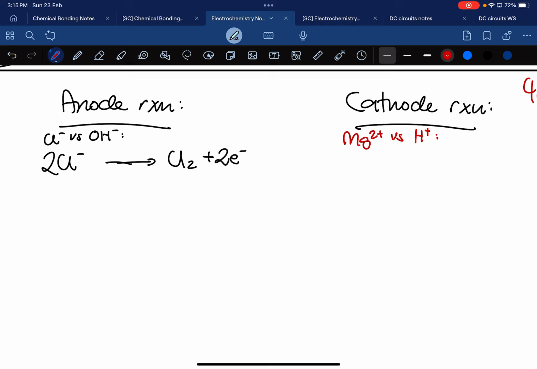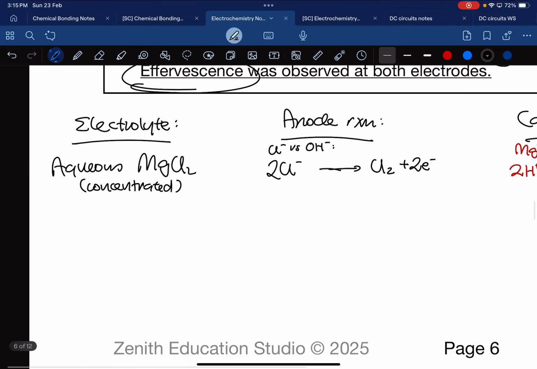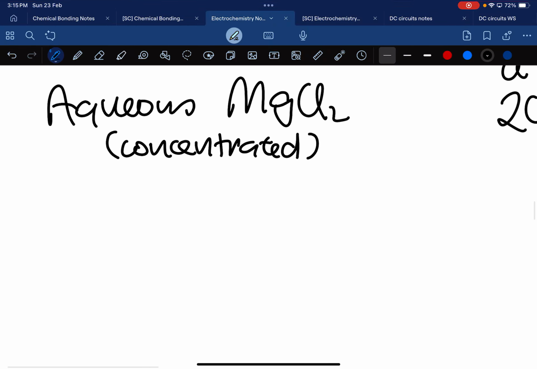So you have 2H plus, which will gain 2 electrons to form H2 gas. Don't have to write the full equation. I just want to see whether you guys can get your anode and cathode. Ready for more examples? I'm going to shoot about 3 or 4. Let's go.